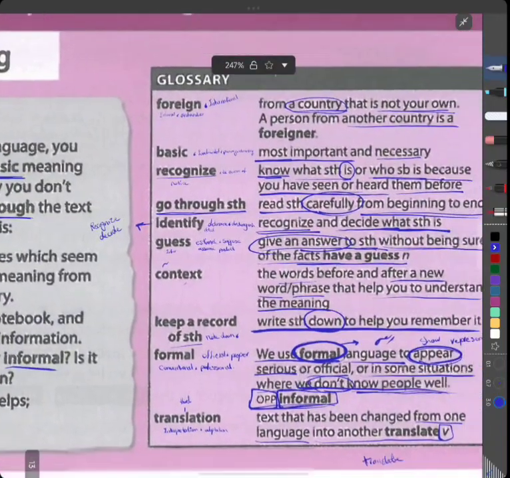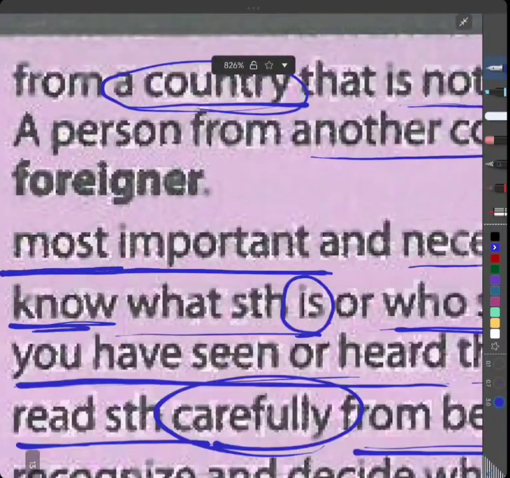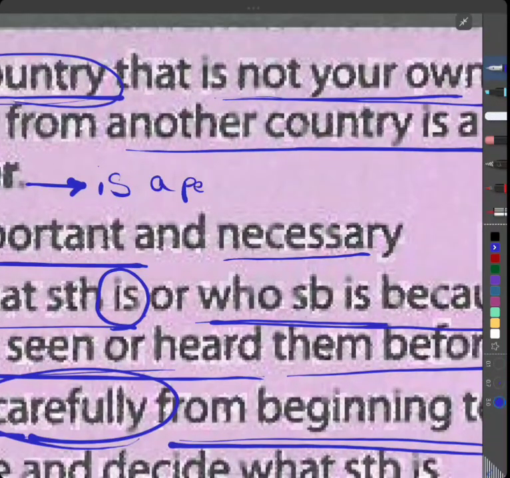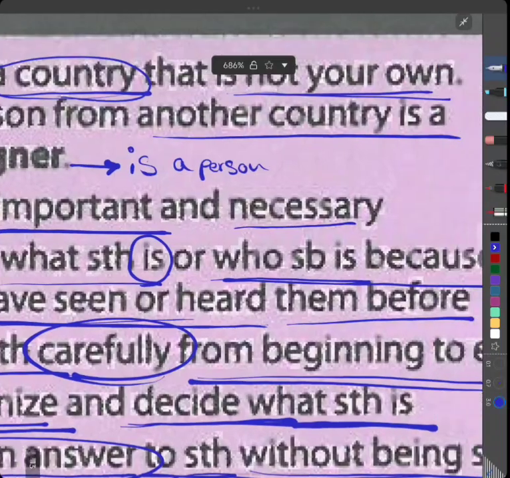Okay, here. Foreign. From a country that is not your own. A person from another country is a foreigner. Foreigner is a person, and it is noun.